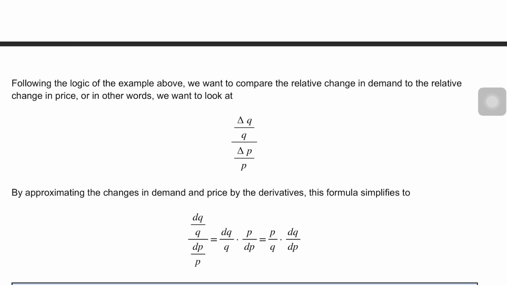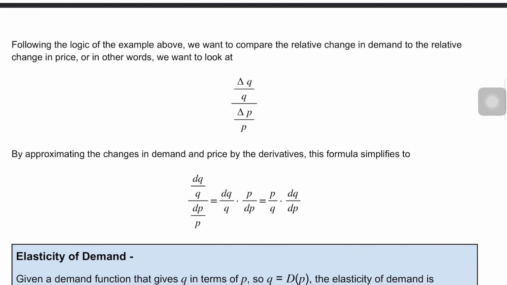So that's going to give us, if we think about that as an approximation, the changes in demand and price by the derivatives, right? If we think about that as a derivative, it almost feels that way, right? That we have dQ over Q all over dP over P, which when you divide fractions, remember we can change this into a multiplication by doing this times the reciprocal of the denominator.